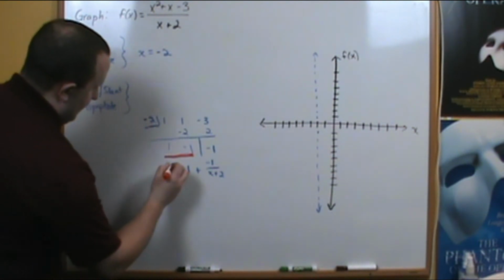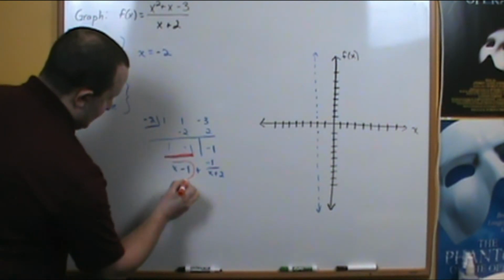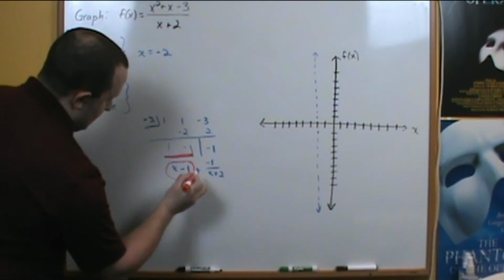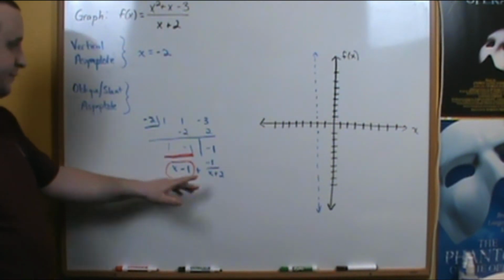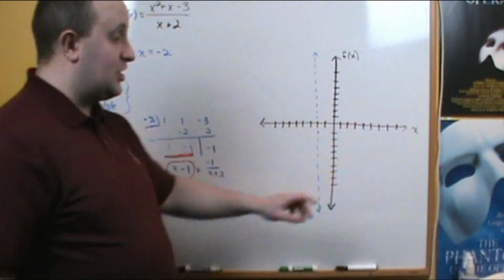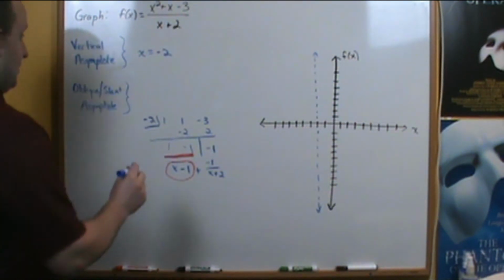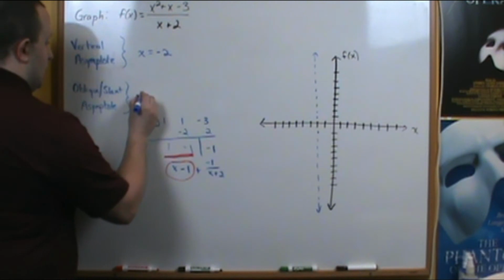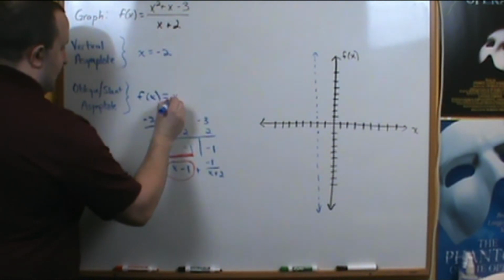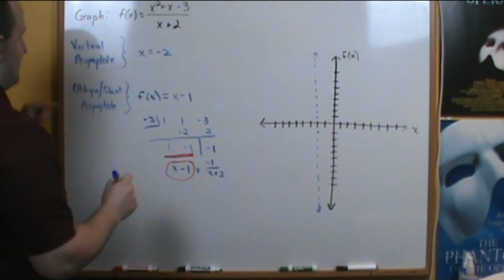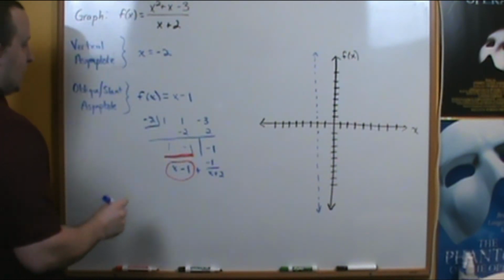This value right here is what I care about. That line right there, if we are to graph it, is going to be the oblique asymptote. So our oblique asymptote is that f of x equals x minus 1. And remember, f of x is just a fancier way of saying y equals.